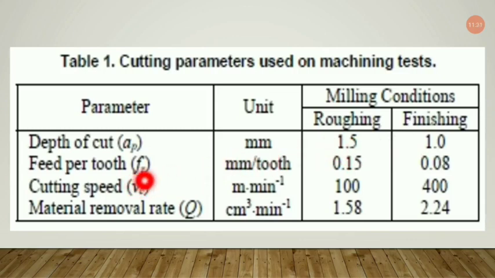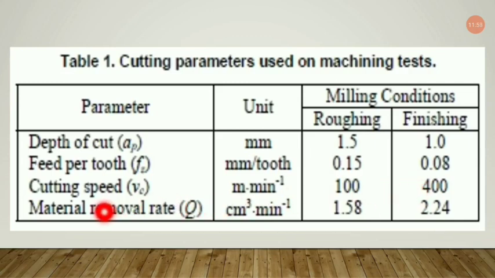Now feed per tooth is in millimeter per tooth, and it is 0.15 for roughing, and for finishing it is 0.08 millimeter per tooth. For cutting speed we have meter per minute: for roughing we are using 100 meter per minute, and for finishing we have a larger value of cutting speed, around 400 meter per minute.